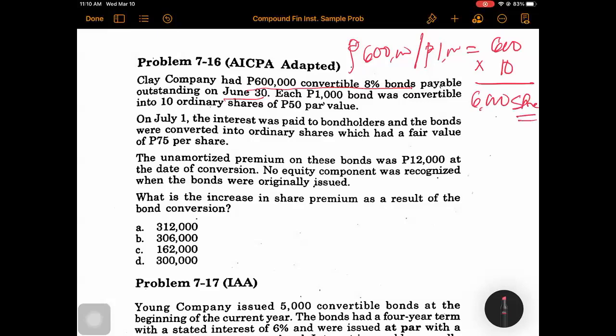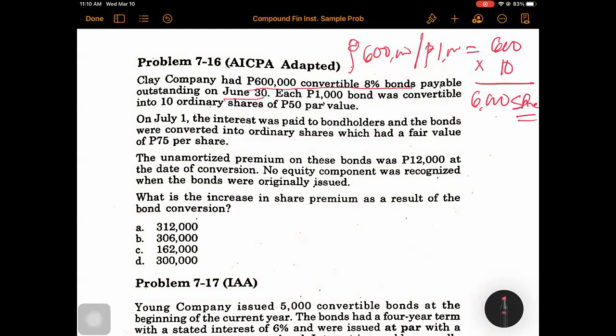So pila ka shares pwede niya ma-convert ang bonds? So that's 6,000 shares. Di ba? In this case, it's a convertible. Ang bonds pwede ma-convert into 6,000 shares. Kaganina, it's bonds payable with share warrants. Pwede mupalit si holder og share, gamiton niya ang share warrants, but naa gihapon ang liability.